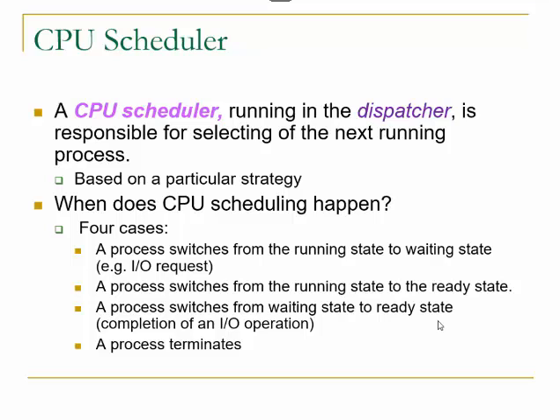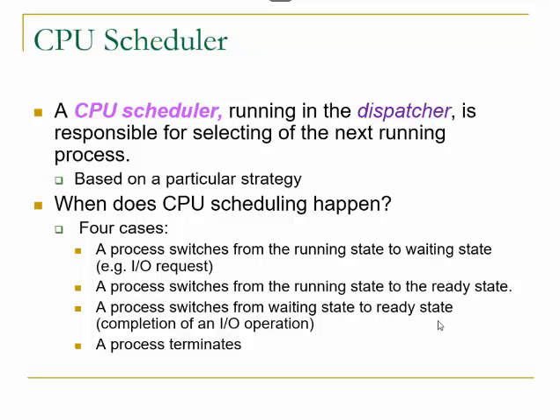At that point the CPU becomes idle, and therefore you have to schedule the next process which has some priority. Later, the process which was originally in the wait state is now ready to execute, and it has higher priority.